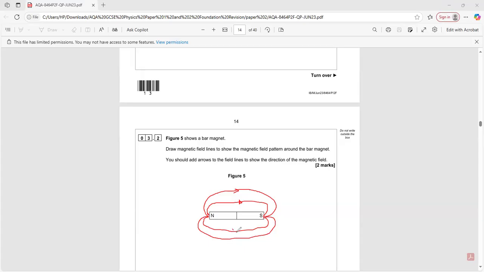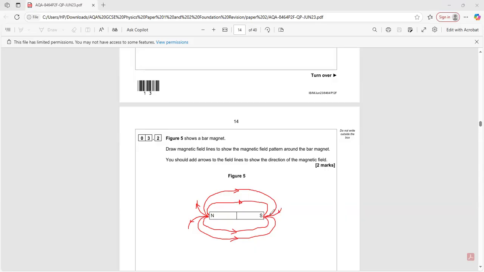Okay, so you got that right? Yes. Should I draw the ones on the outside as well, or just leave it? Okay, this one. Do you think they would want that as well?